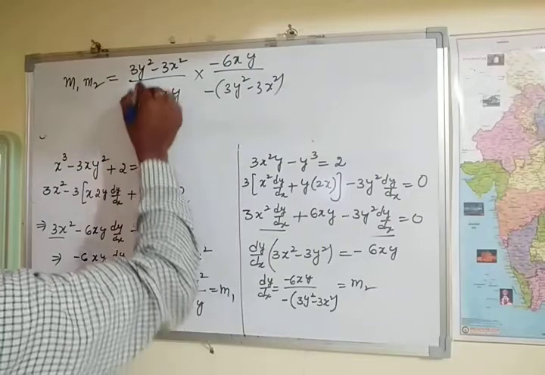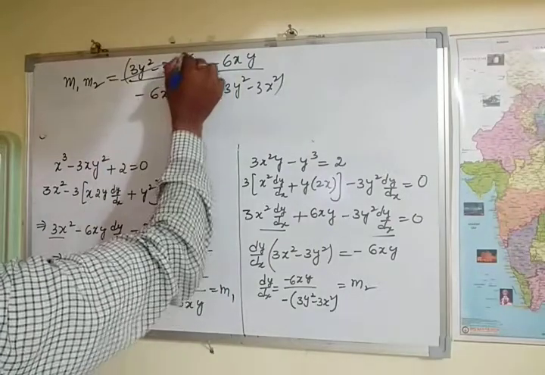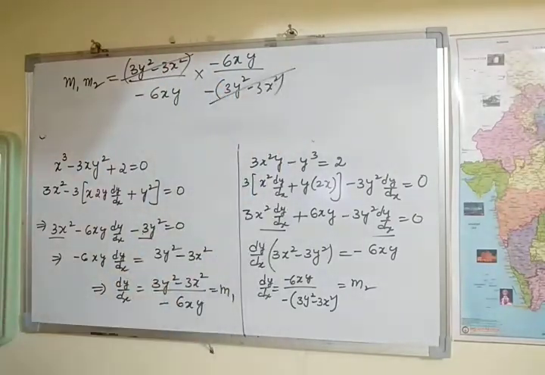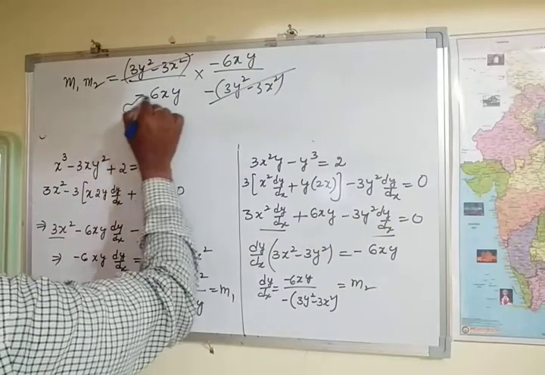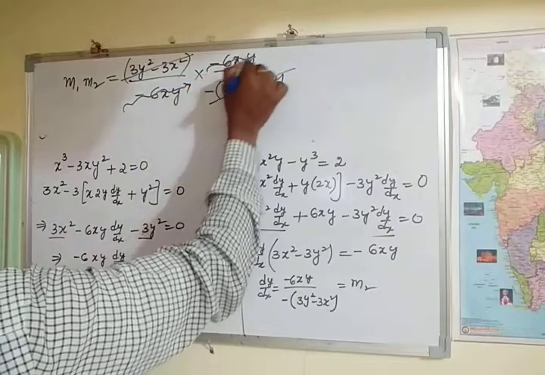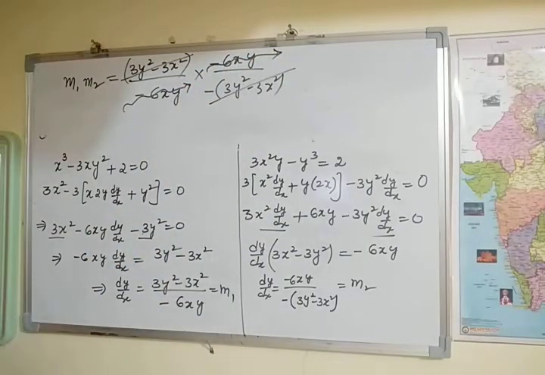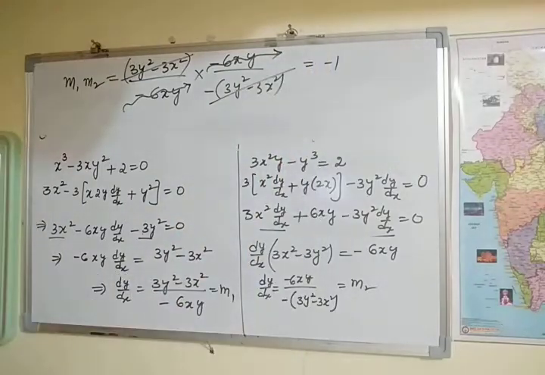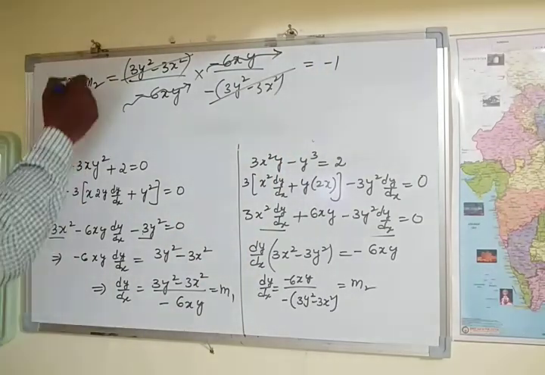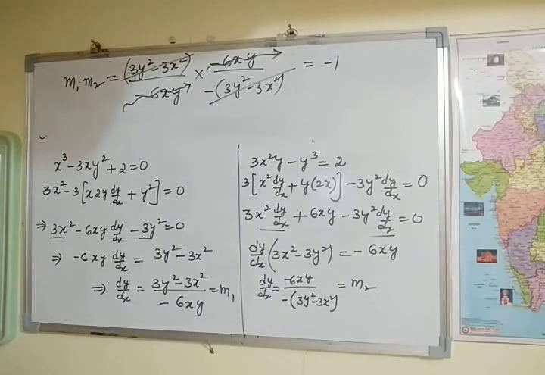Now observe here, the 3y square minus 3x square term is cancelled. Next, minus 6xy and minus 6xy get cancelled. Here the remaining is minus 1. See, m1 into m2 is equals to minus 1. Option D is correct.